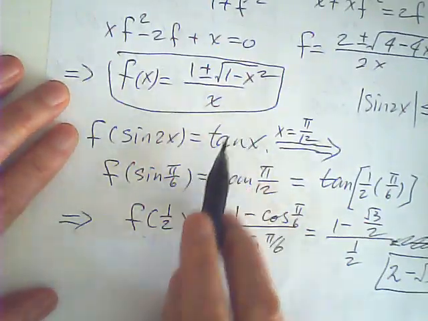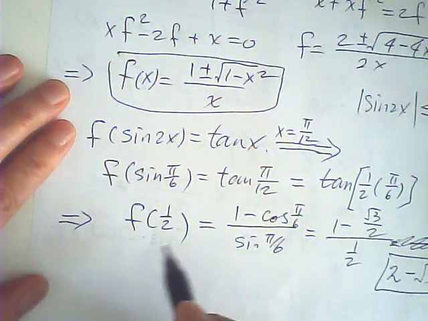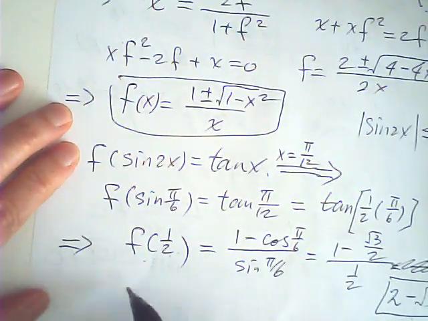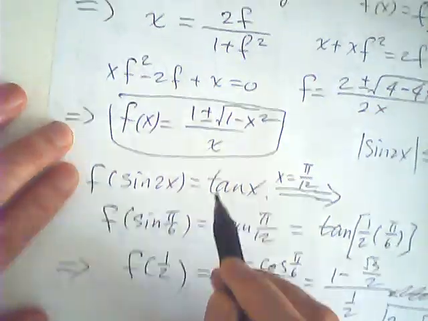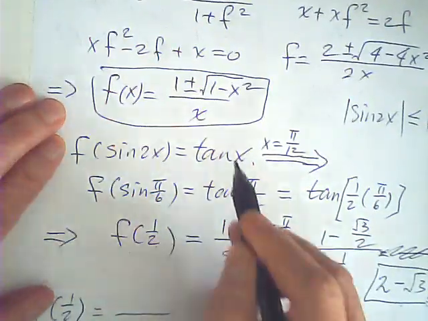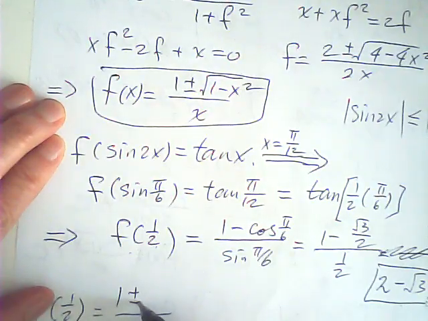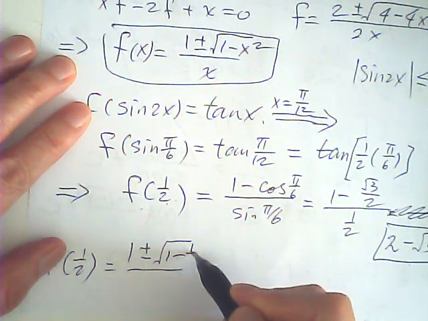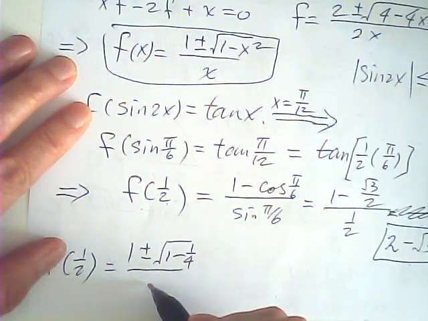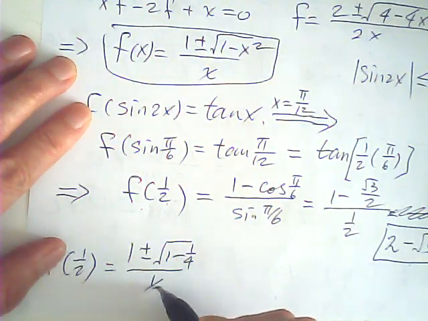f of a half is this. So f of a half, when x equals half, is 1 plus or minus the square root of 1 minus 1/4, right? This is 1/2 in the denominator.